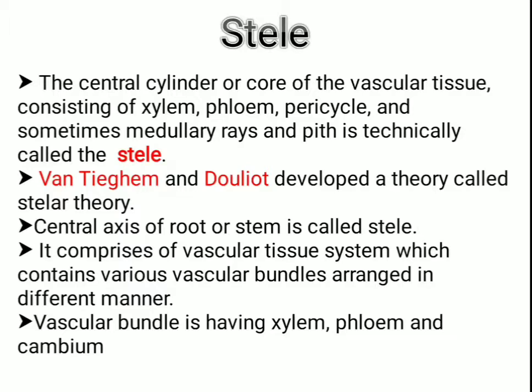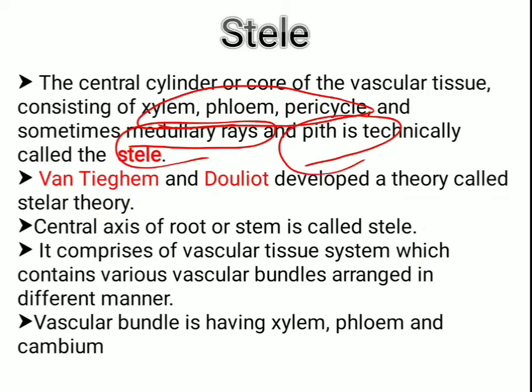Stele is made up of xylem, phloem, pericycle, and sometimes medullary rays and pith, arranged in the internal structure of the stem. In the internal structure, the middle part is made up of xylem. Xylem is the water conducting tissue, and phloem is the food conducting tissue.